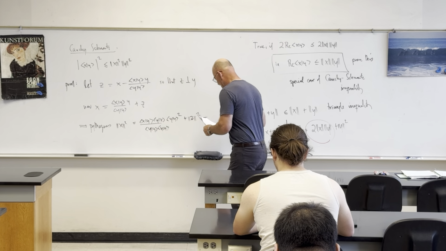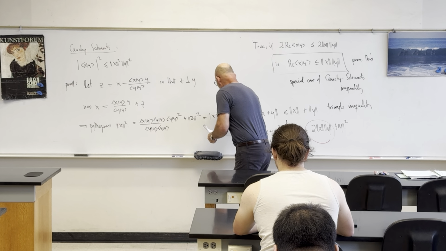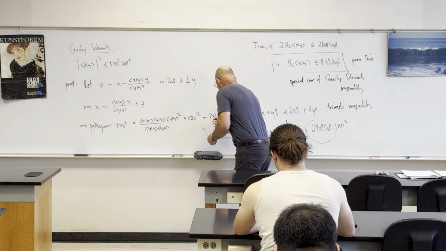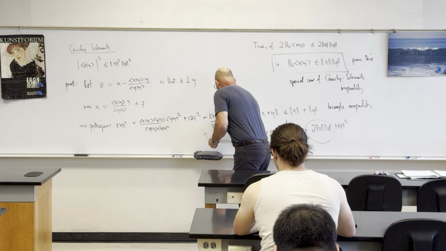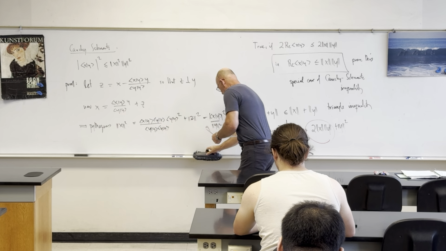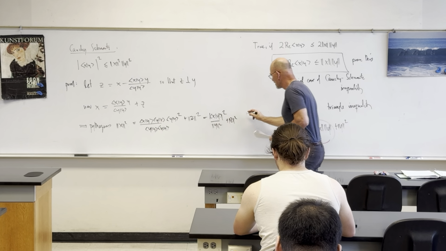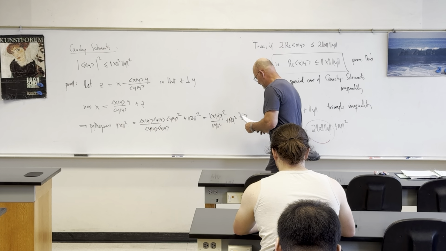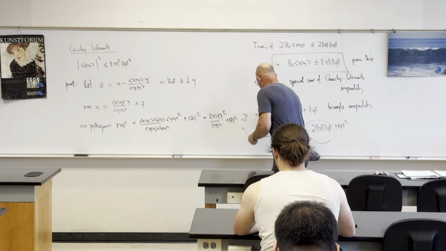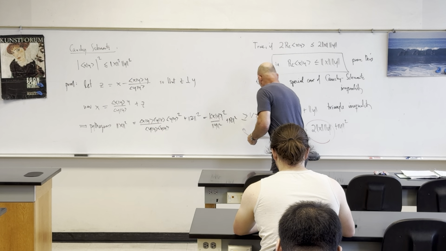Let's keep going here. So we have (x·y) squared plus z squared greater than or equal to (x·y) squared over y squared.